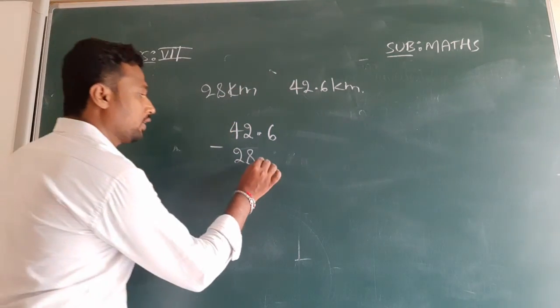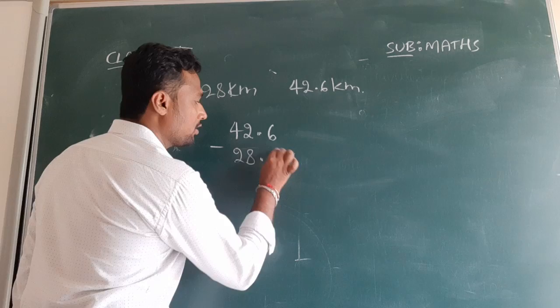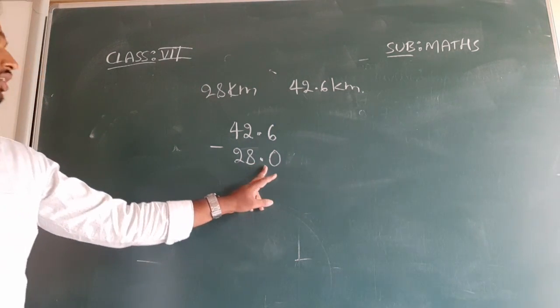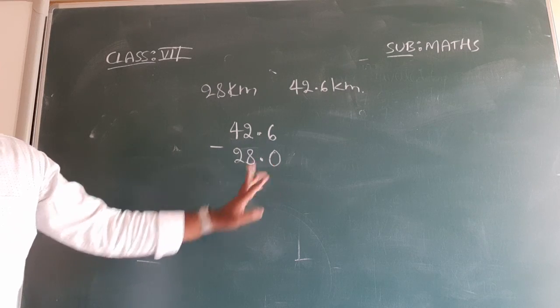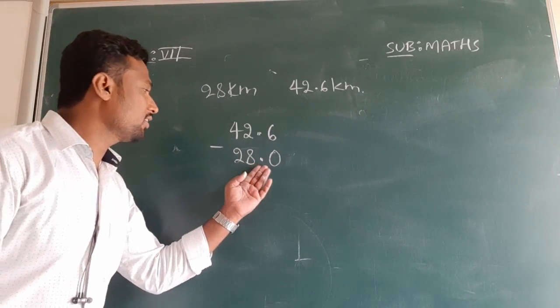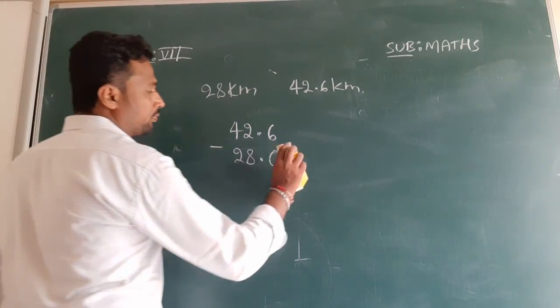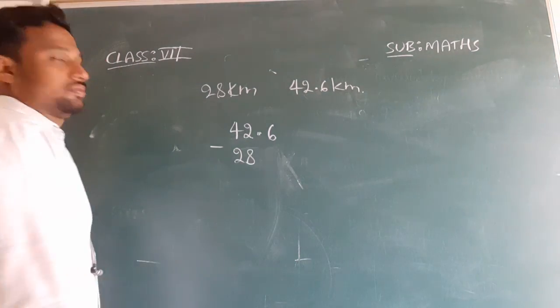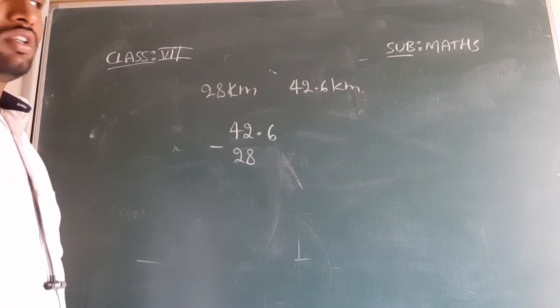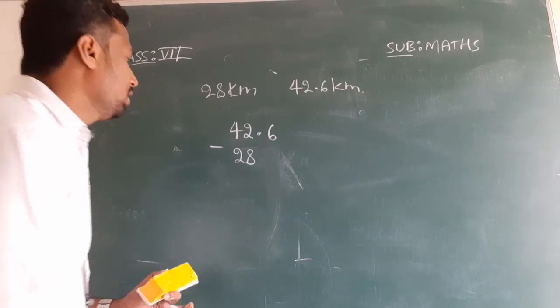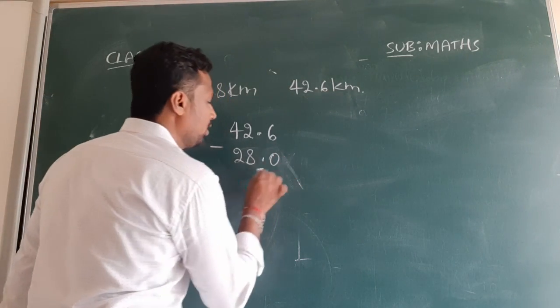So if you want, you can consider here value as 0.0. 0.0 means it has no value. You can consider as 0.0 or just you can write it as 28 also, no problem. Okay. But if you don't consider here, you will get confused with this problem. So that I am considering here 0.0.